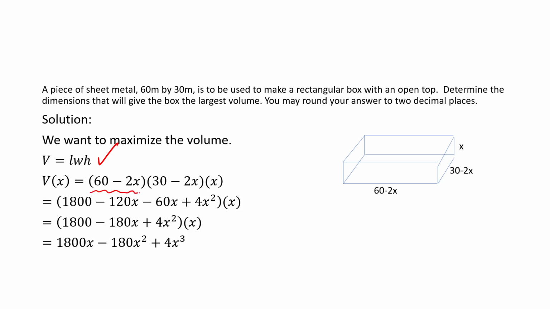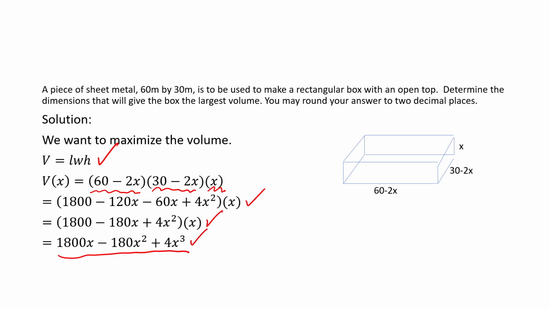We established the length is 60 minus 2x, the width is 30 minus 2x, and the height is x. After expanding things out and collecting like terms, we see that our volume as a function of x is equal to 1800x minus 180x squared plus 4x cubed.